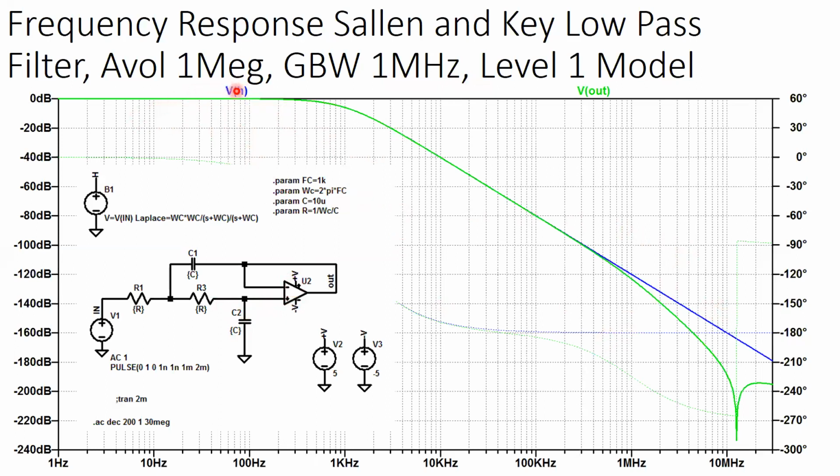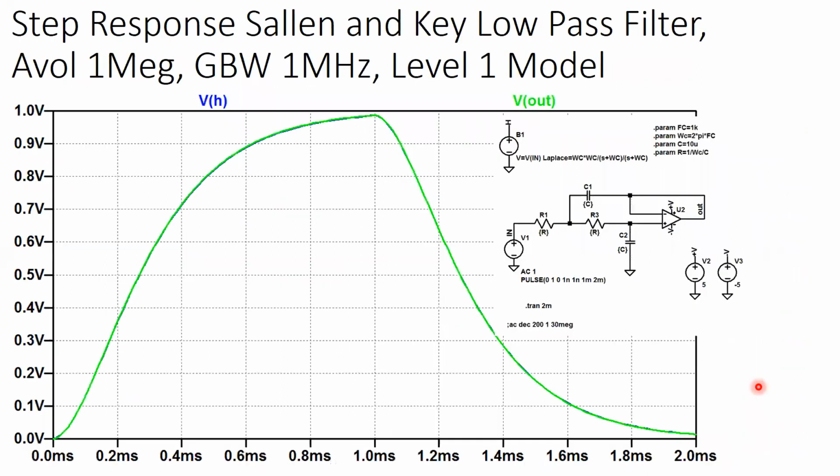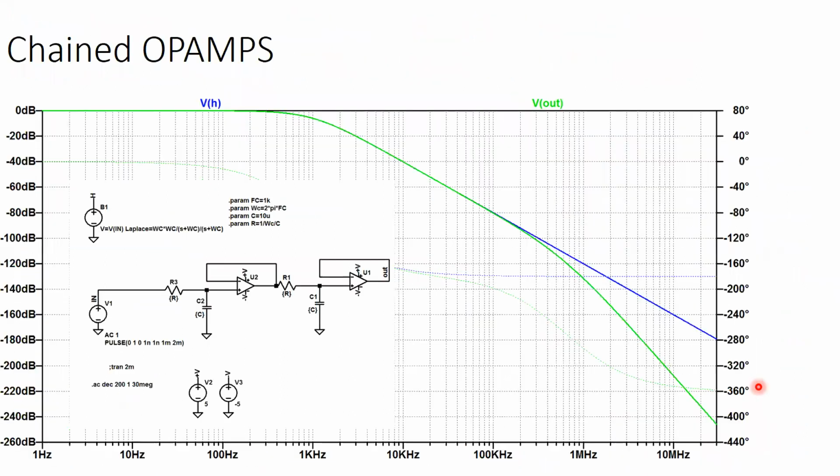So we're looking at the actual circuit, and it even starts to behave like a better low pass filter, reaches some minimum, and then it rises a bit. Okay. So you might think everything is hunky-dory.